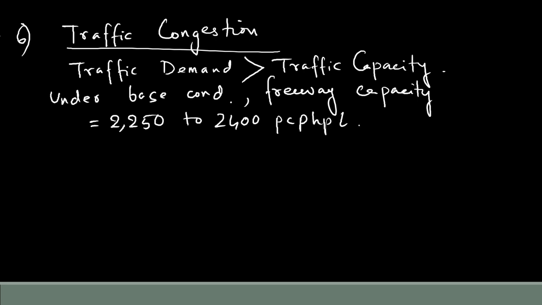This term is also very important. And also remember one thing: let's say the freeway has two lanes. This is an important concept, that's why I'm discussing it. Let's say all the lanes have a capacity of 2400 pcphpl, passenger cars per hour per lane.